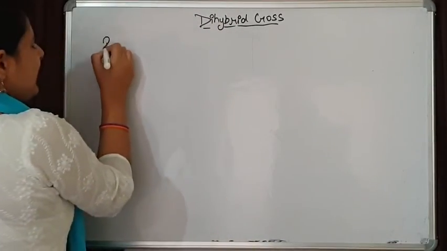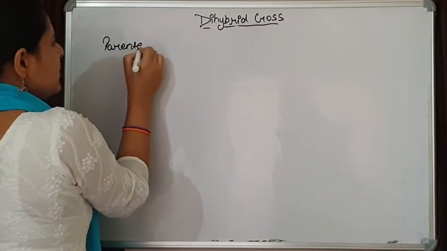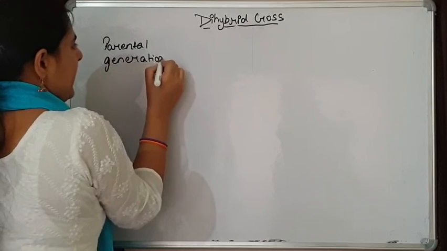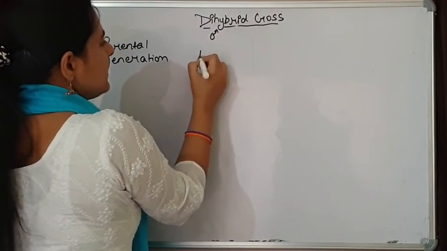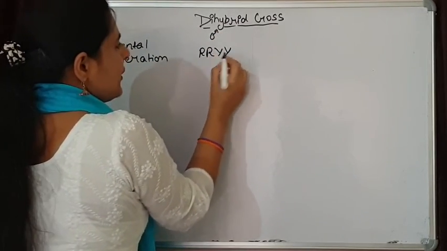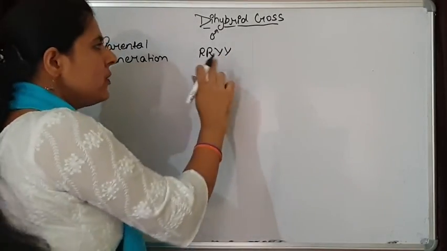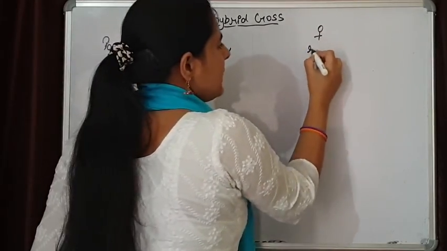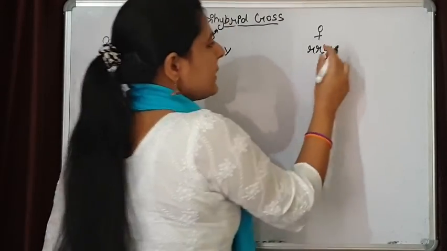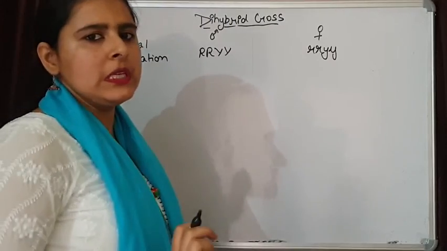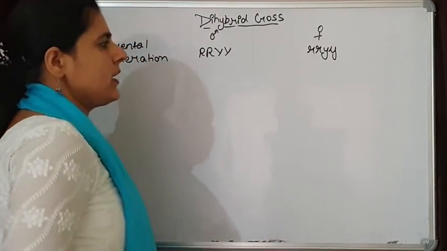So the parental generation will be pure line generation. We can take the male plant as pure line for round and yellow, and the female plant pure line for wrinkled and green. And there will be cross pollination between these two parental types.